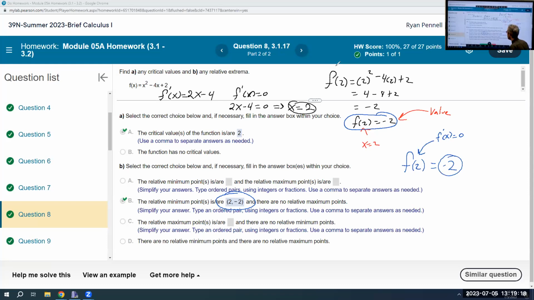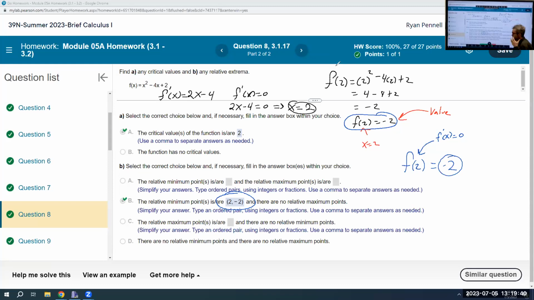They're calling this a relative extremum. Why? Because that's a minimum point. This is a parabola. When you do that, you find the minimum value. Parabolas either have a maximum or a minimum.